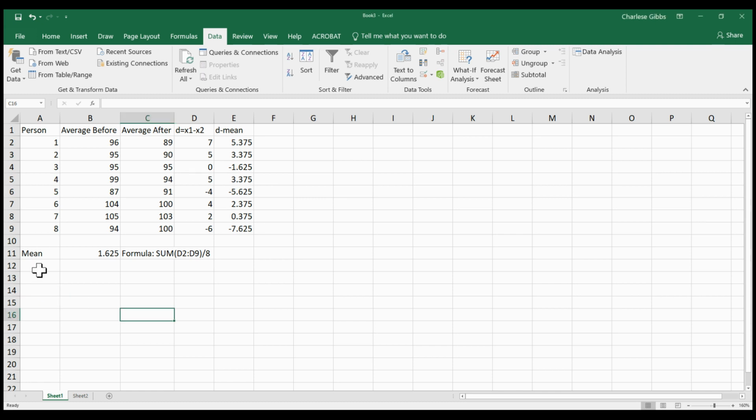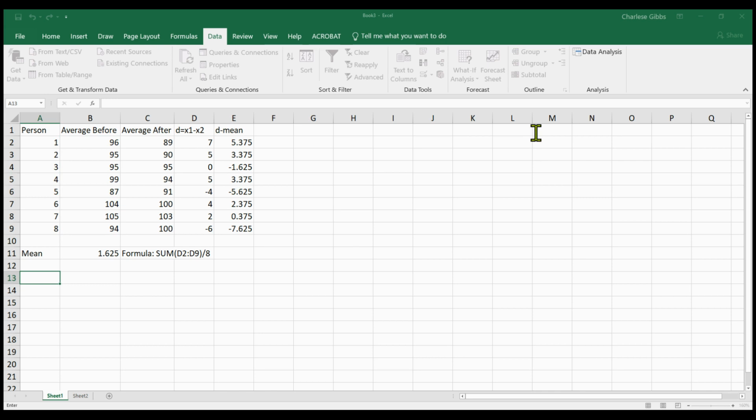But if you are just trying to find your answer in Excel, you're going to click on data analysis and scroll down. There should be a t-test for paired two sample means. I'm going to hit OK.